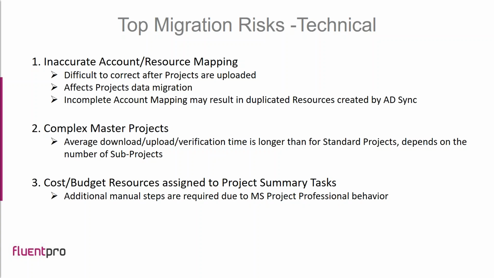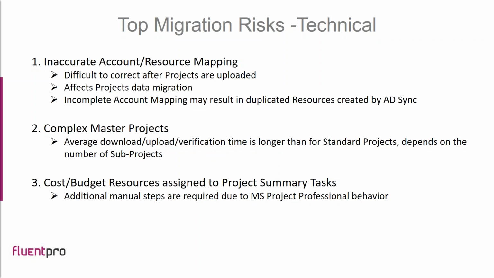So cost budget resources assigned to project summary tasks remain local, and to avoid the conflict between the local resource and enterprise one having the same name, the name is slightly changed, like one is appended to each cost budget resource.